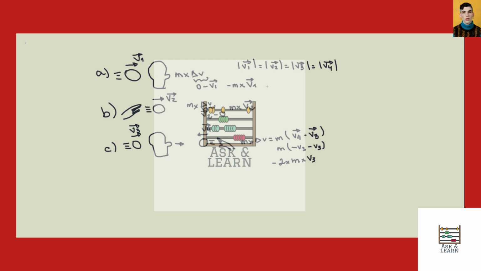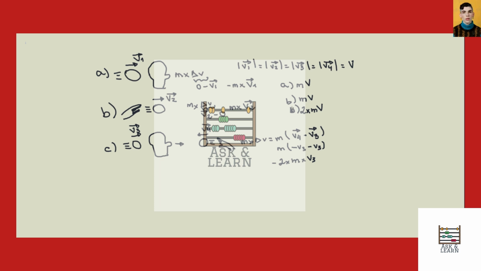So the magnitude of the change in momentum in this one, if we call the magnitude v, in case A is going to be mv, case B, mv, and then case C, since it's twice, it's 2 times mv.